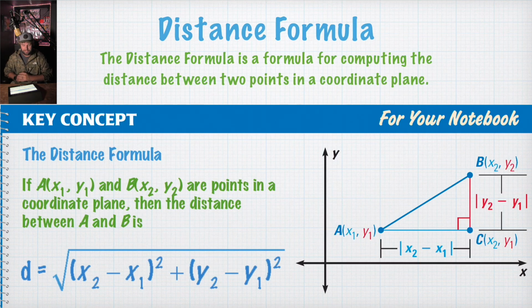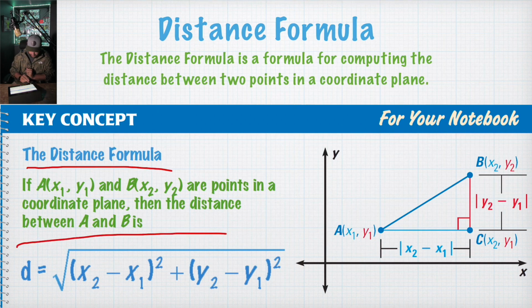Last thing we're going to learn about today is the distance formula. The distance formula is formed by computing the distance between 2 points in a coordinate plane. So once again, if I was taking notes, I would write the distance formula and I would write the actual formula.